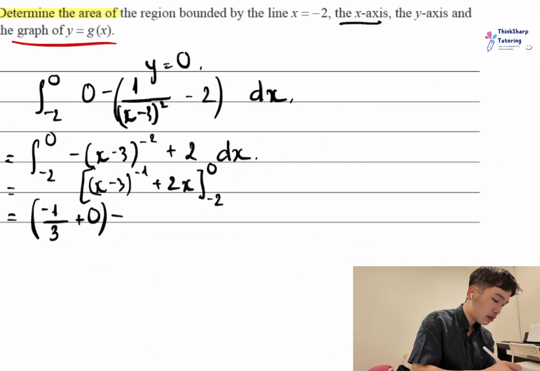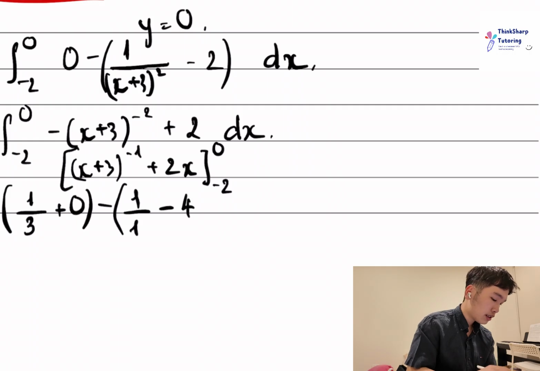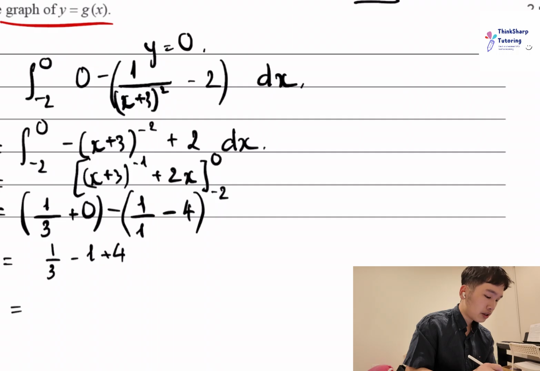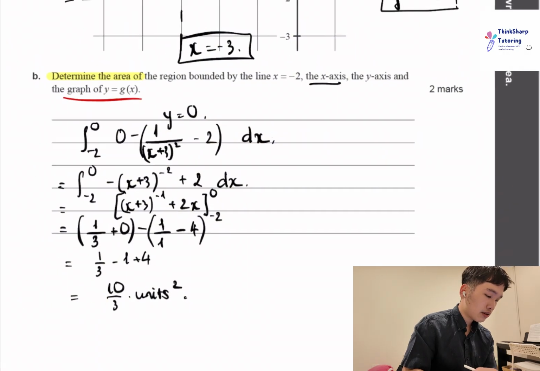So plus here, we're fine. So don't worry about this. This has to be 1 over 3. And when we sub in negative 2, negative 2 plus 3 is 1. So that will be 1 over 1. And then for this part, we have negative 4, because negative 2 times 2 is negative 4. So we end up with 1 over 3 minus 1 plus 4. 4 minus 1 is 3. 3 plus 1 over 3 is 9 over 3 plus 1 over 3. That is 10 over 3 unit squared, actually. So that is question 3.